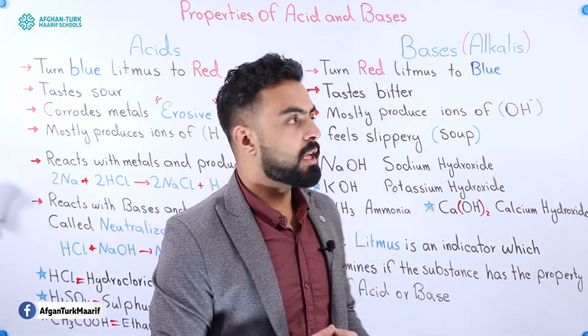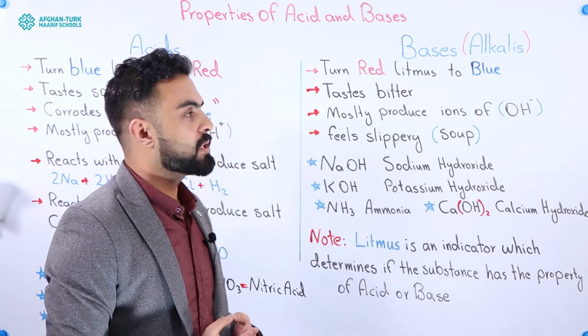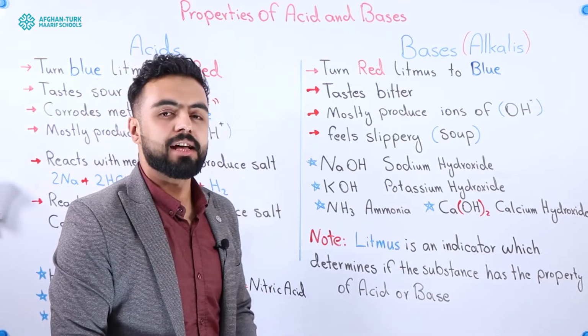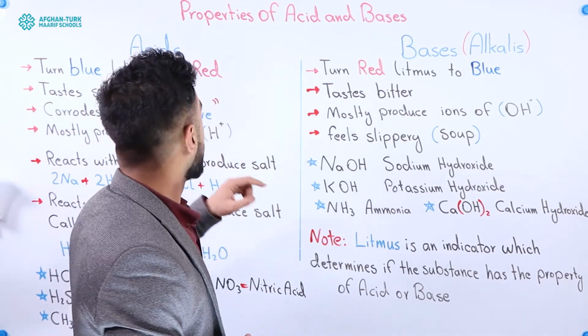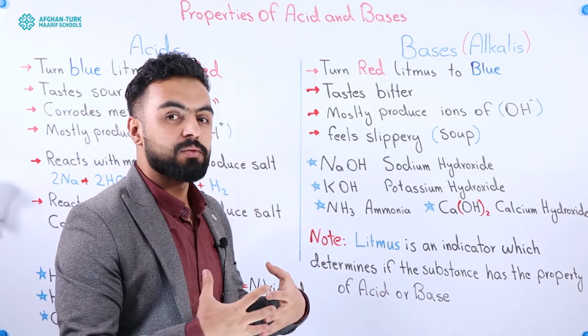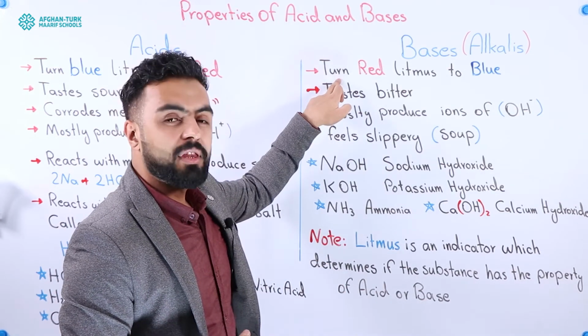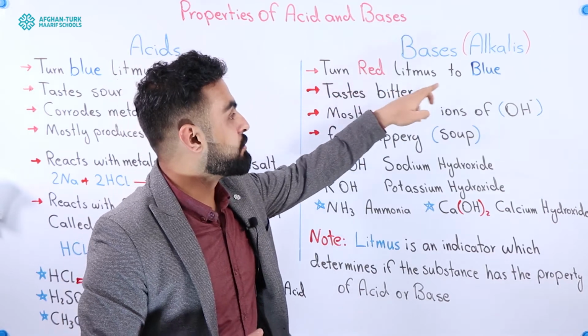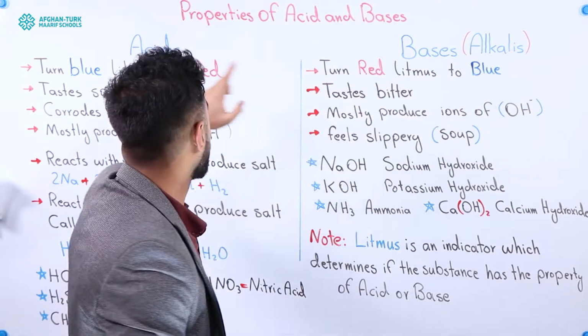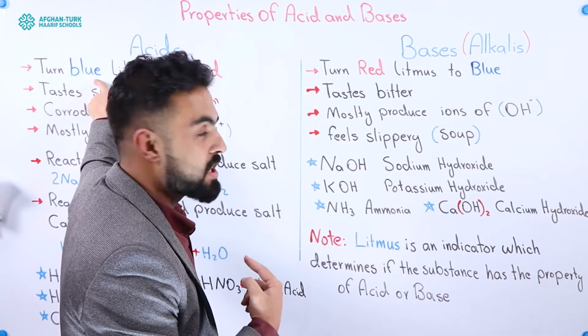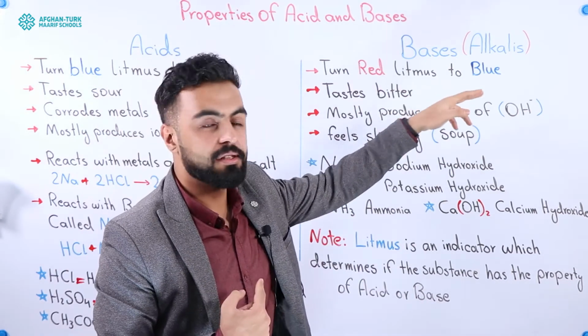So now let's go to the bases. The properties of the bases are vice versa of acid, because they are vice versa of each other. It turns the red litmus to blue. The acid changes the blue to red, it changes red to blue.